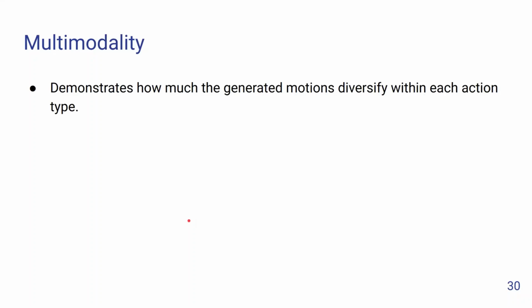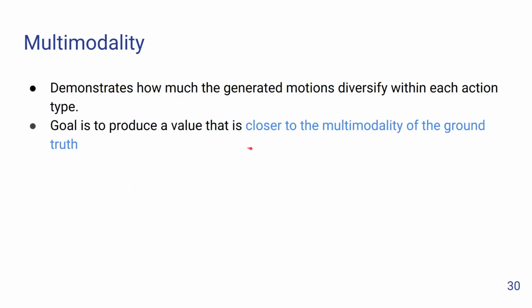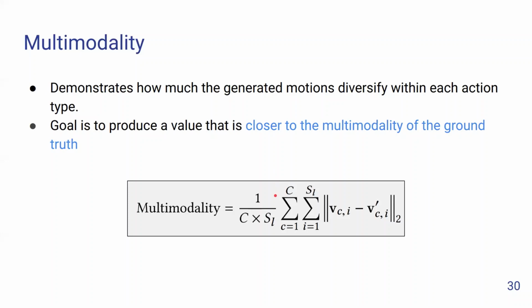The next metric here is multimodality, and this demonstrates how much the generated motions diversify within each action type. Similar to diversity, we want to have a multimodality that is closer to the multimodality of the ground truth here. And so here is the formula of multimodality, and there's a new variable called C right here.